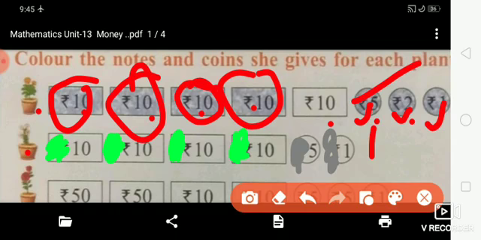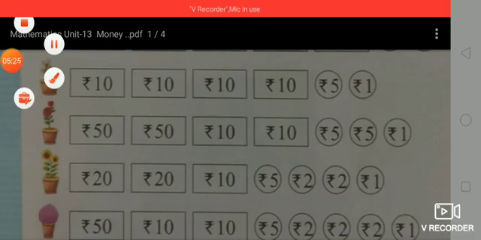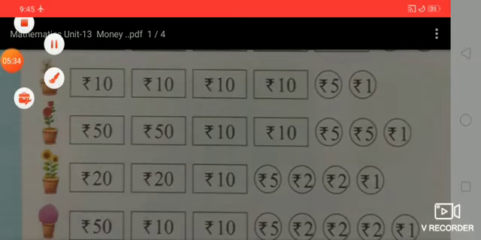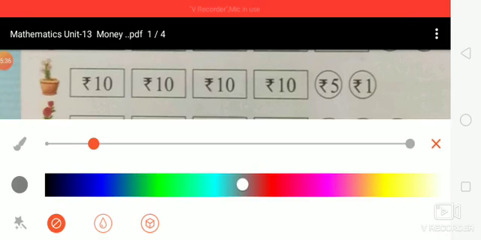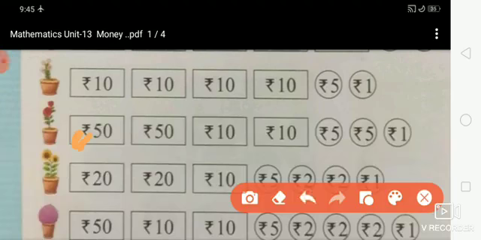Is that clear? Once again, rose. Rose cost is 50 rupees. Coins or notes? Notes. So color the 50 rupees notes.